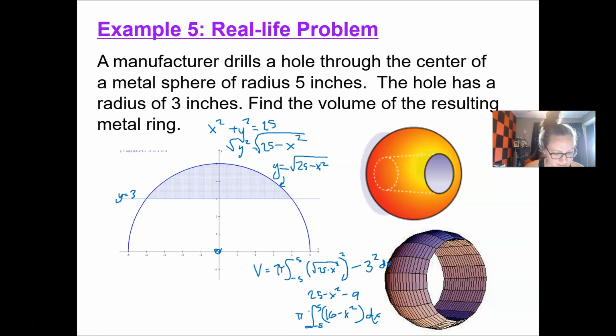There we go. Functions, miscellaneous, integral. All right, so I'm putting my pi on the outside. I'm going from -5 to 5. My function, I'm going to go parentheses, 16 minus x squared, close my parentheses, and dx.